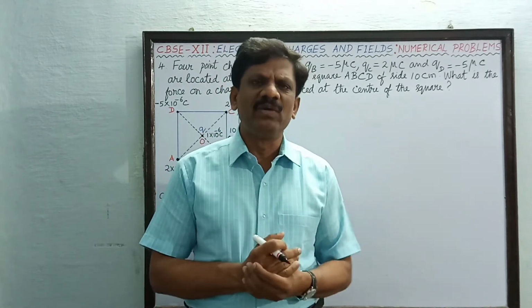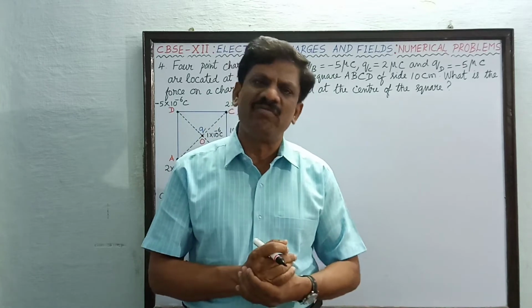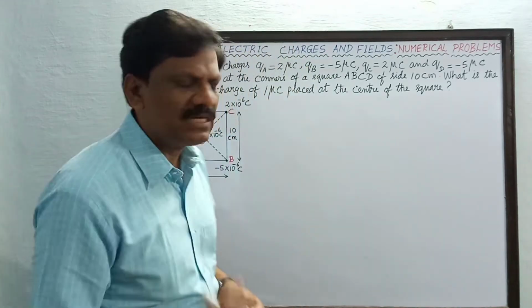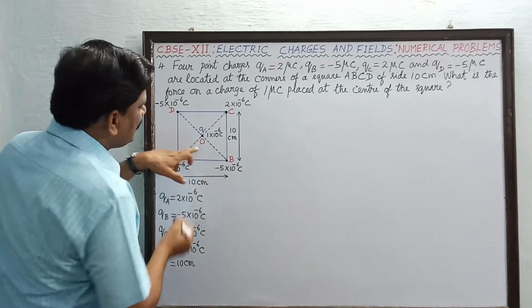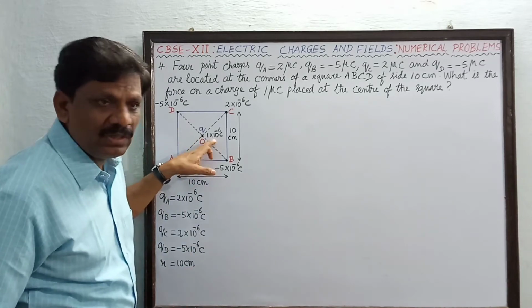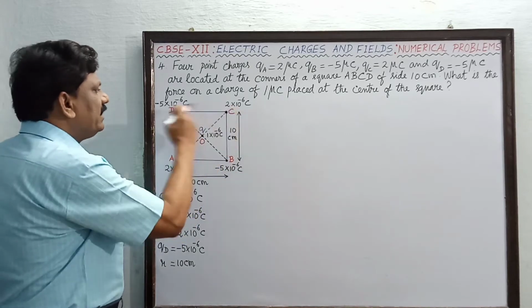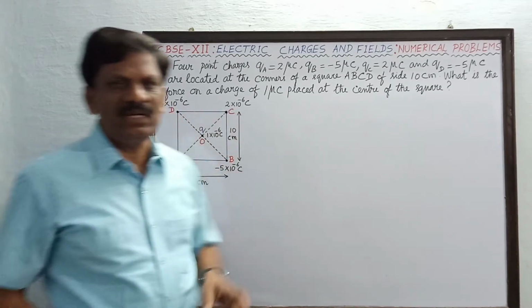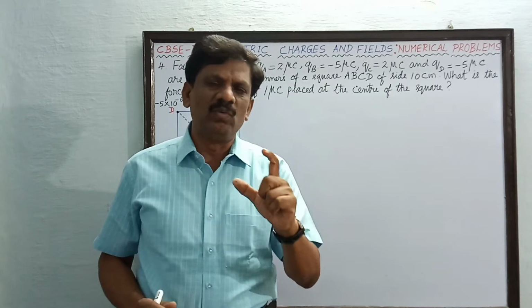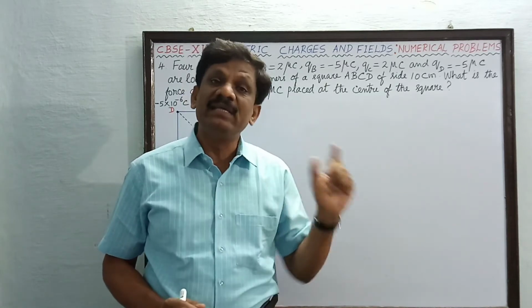Now I am going to find only the magnitude of the force. For that you have to find the distance of the charge Q located at O from A, B, C and D. So the distance OA must be equal to OB, equal to OC and OD.